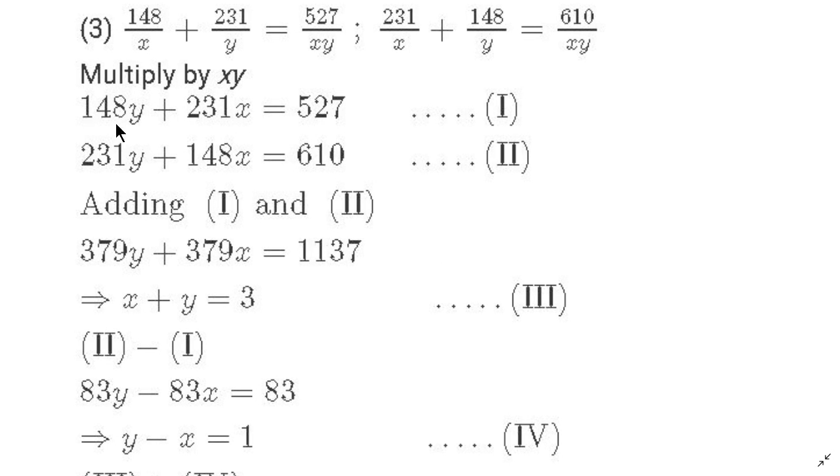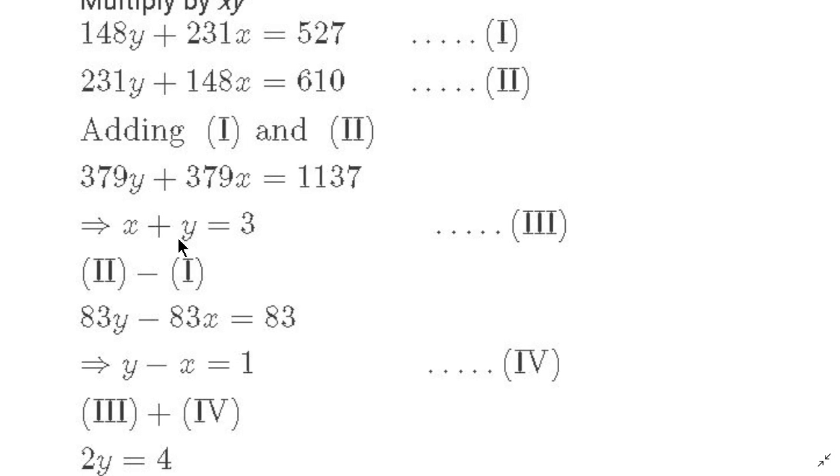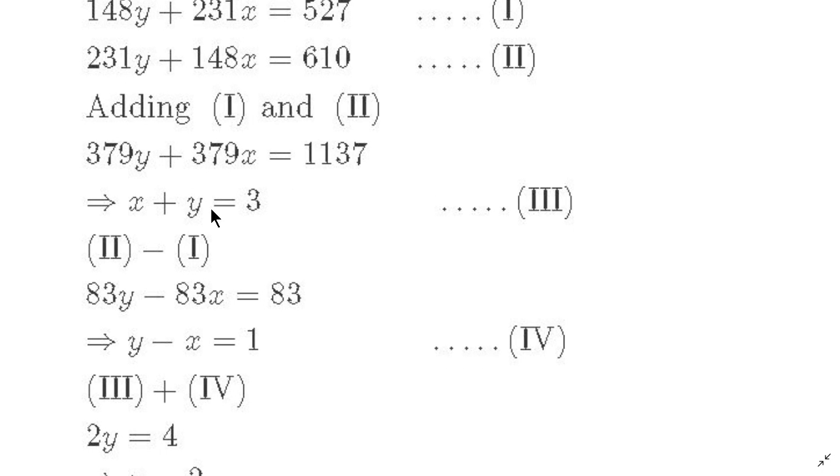Now we can see these are similar types where the coefficients are interchanged. The coefficient of y is 148 here and the coefficient of x is 148 here. So add them and also subtract them, and we can find the easiest solutions.